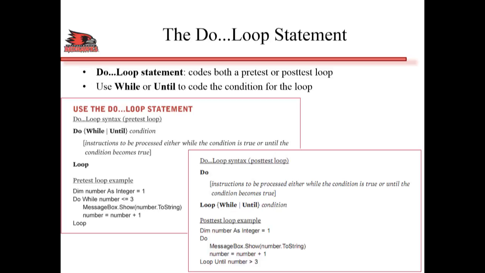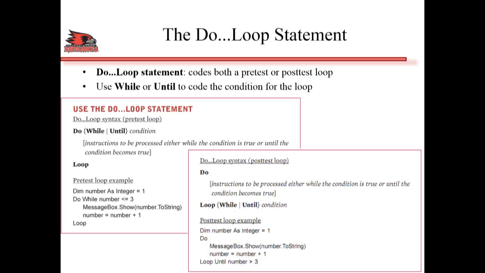That's how the processing or information flow happens. So that's the pretest loop. If we started this loop with a number which is 4 or 5 or anything greater than 3, then the loop wouldn't even run once.